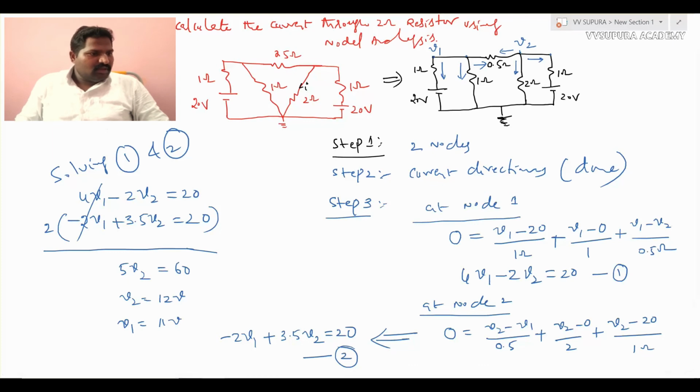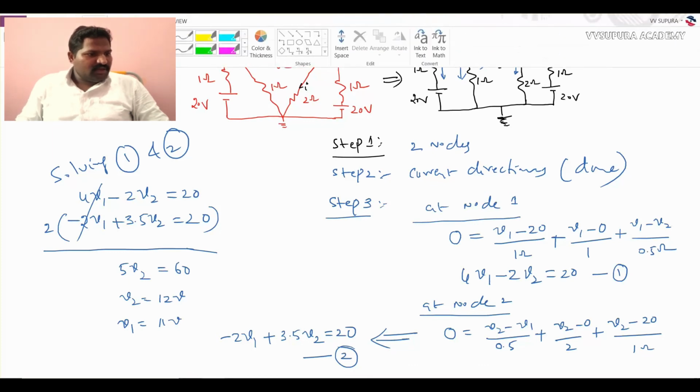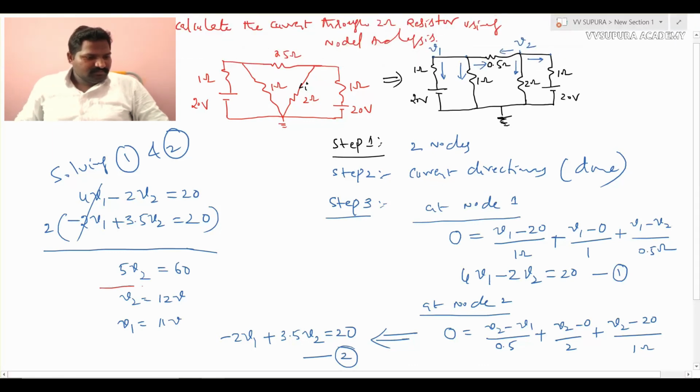So these are the parameters I calculated from nodal equations. The problem is not yet over. The question is, we have to calculate the current flowing through the 2 ohm resistor. Where is the 2 ohm resistor? Here.